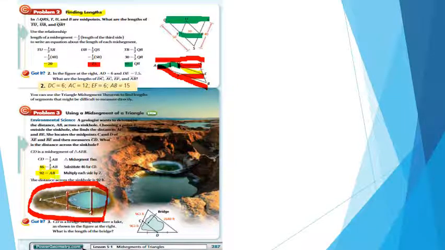Okay, girls? Let's see, Got it, number 3. CD is a bridge being built over a lake, as shown in the figure at the right. What is the length of the bridge? I want you to look at this triangle.